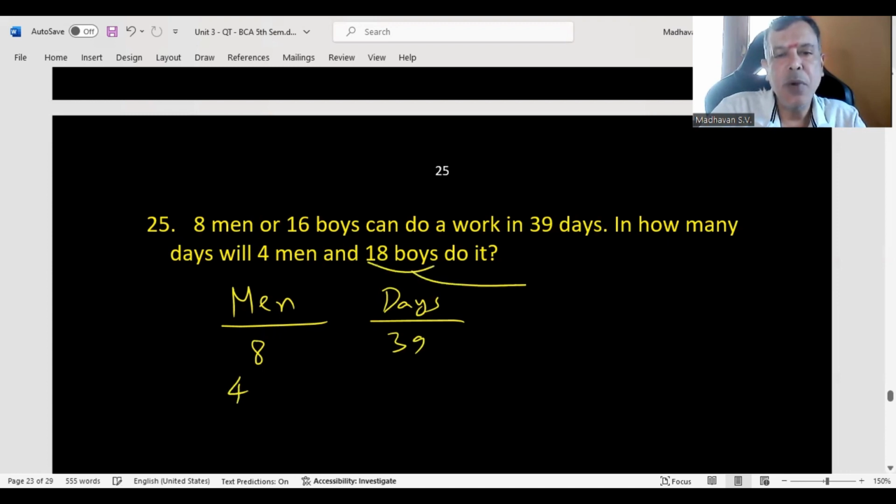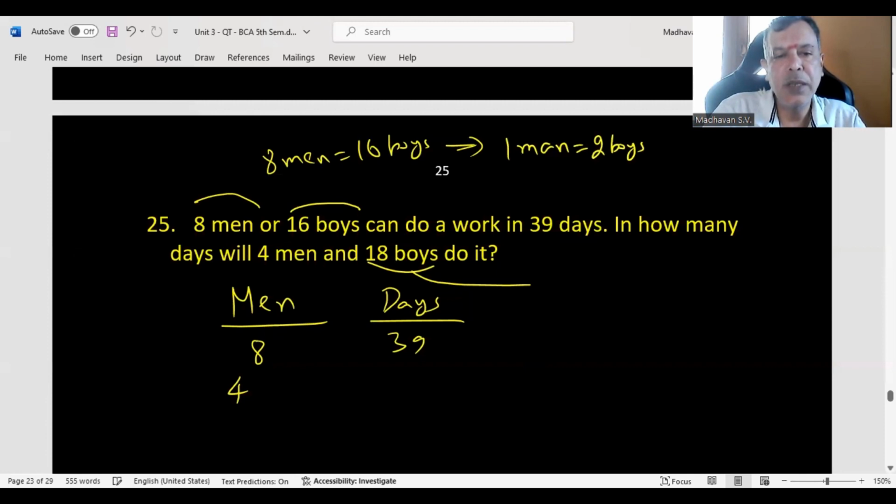When you consider 18 boys, you may notice here 16 boys is equal to 8 men. So from this we can say 8 men equal to 16 boys, which means 1 man should be equal to 2 boys.